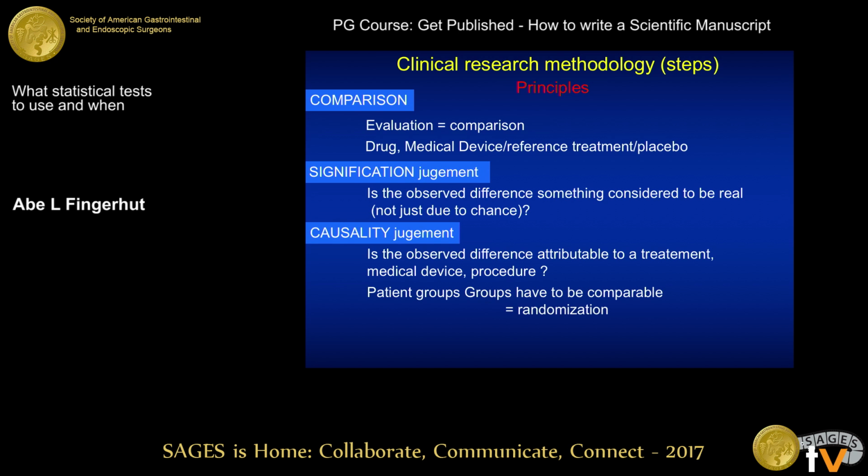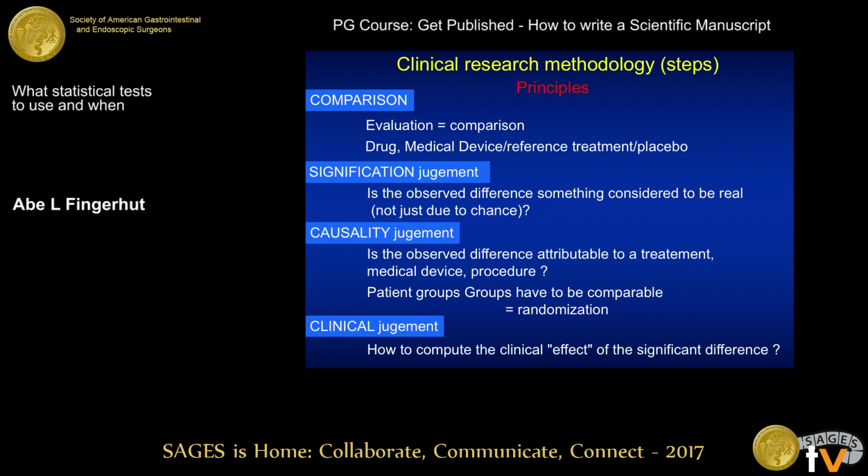Further, you want to know whether, if that statistically significant difference is found, is it related to causality? In other words, can I say that A is different from B? I have a p-value that says so, and it is really because there is a real difference, and that difference can be applicable to clinical practice.